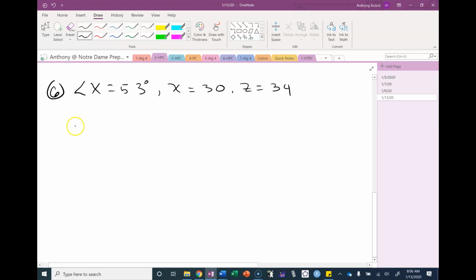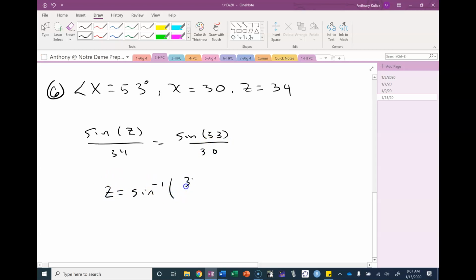All right. So the first thing I did is I solved for angle Z. By using the law of sines, I said that sine Z over Z is equal to sine X over X. And then I cross-multiplied, divided, and took the sine inverse.